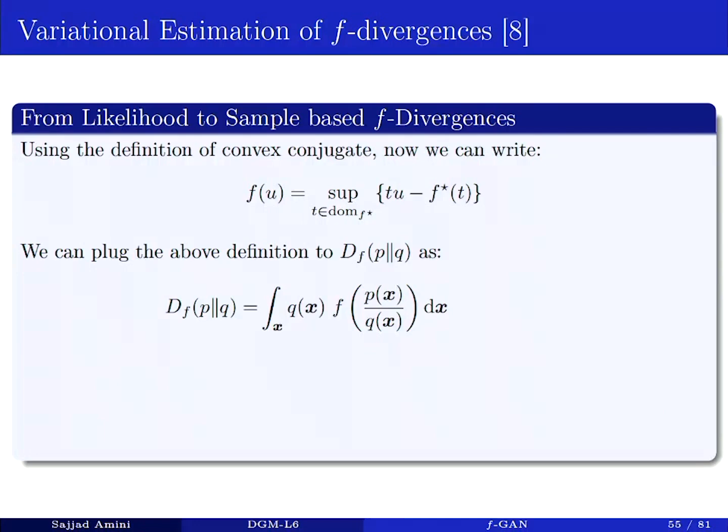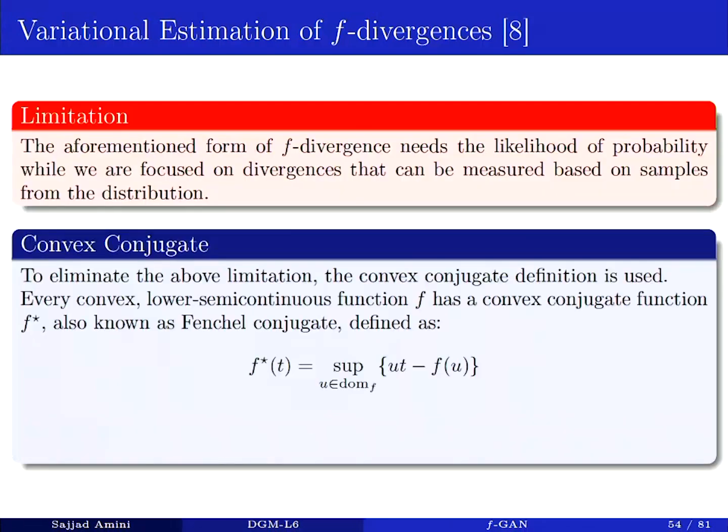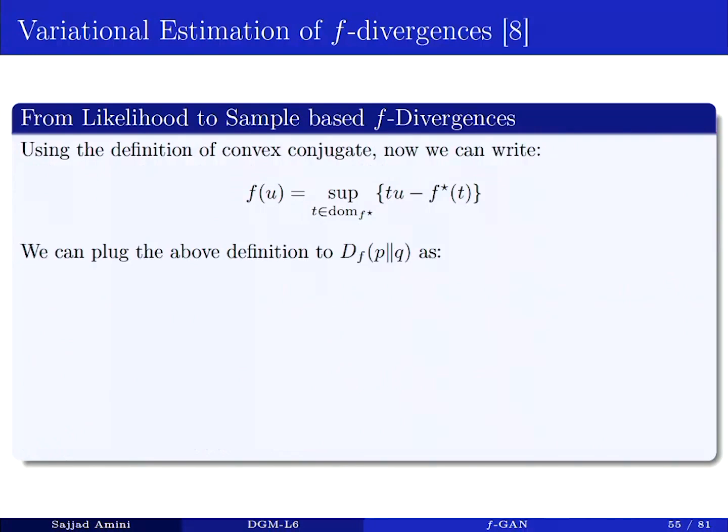Pay attention to this formulation in contrast to this one. Here you have the definition of f star, here I have the definition of f. What happened? Instead of f, I use f star here. Everything is clear? So I have a new definition for the function f using its convex conjugate.